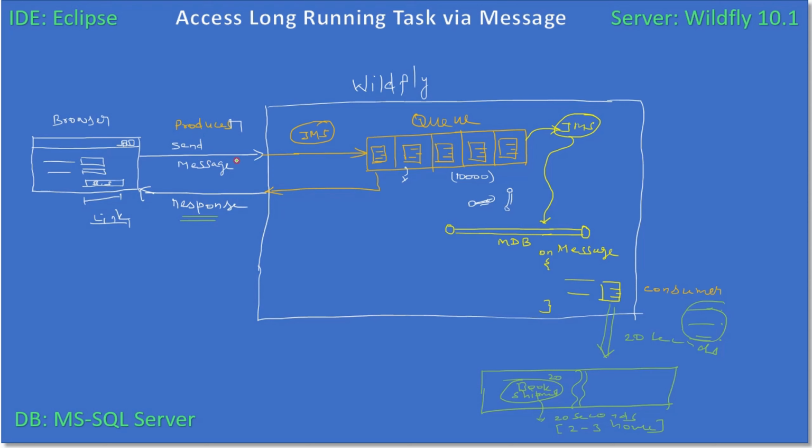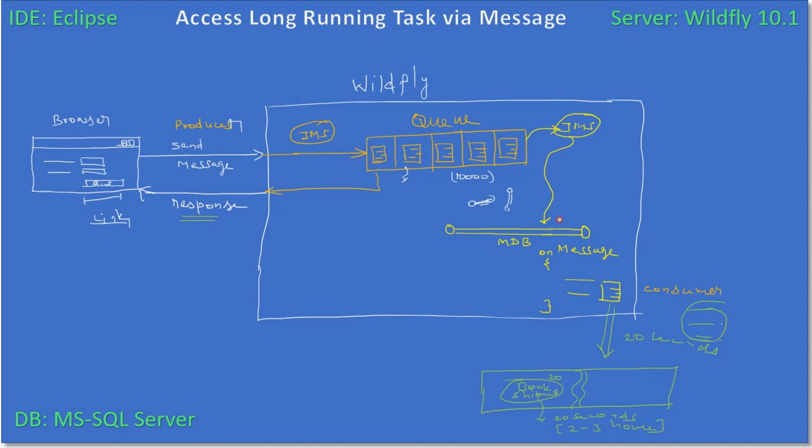See, the servlet or JSP is acting as a producer, and it is writing the message to the queue, and the server will reply back immediately, because this is not a long running task, right? So here we are just writing the message to the queue and we are immediately returning it.